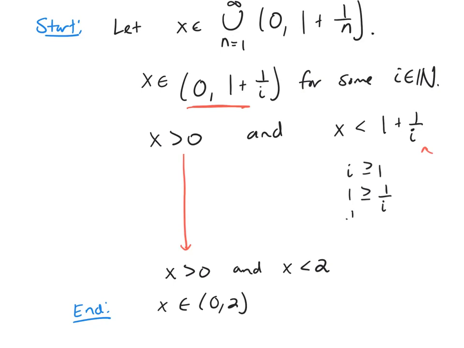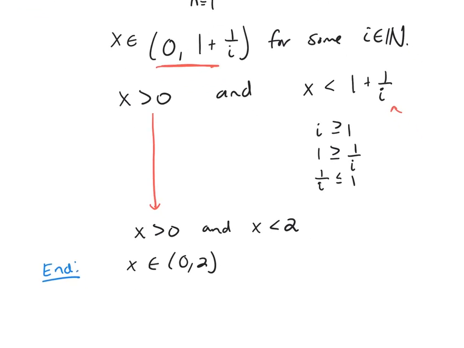I don't think I left myself enough room, but that's okay. I don't just have 1/I, I have 1 + 1/I. So I'm going to add 1 to each side of this inequality and get that 1 + 1/I is less than or equal to 2.